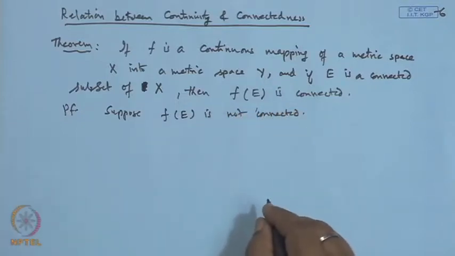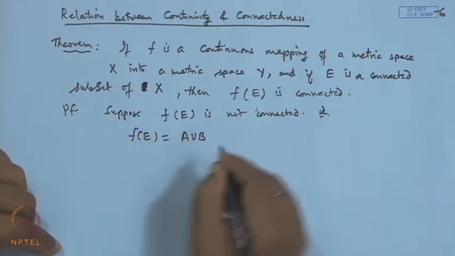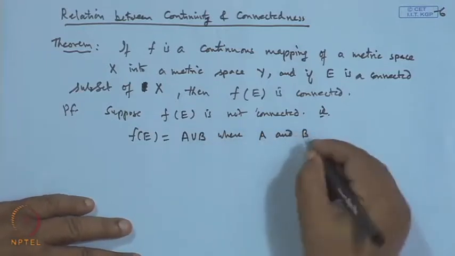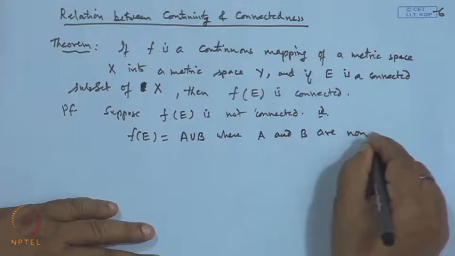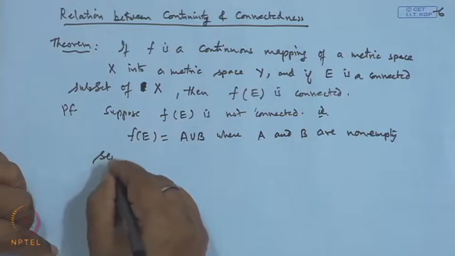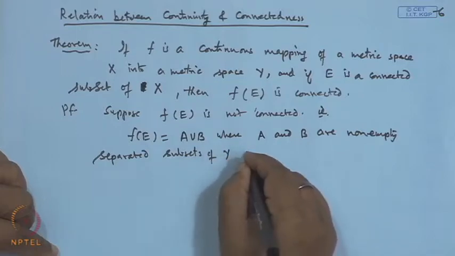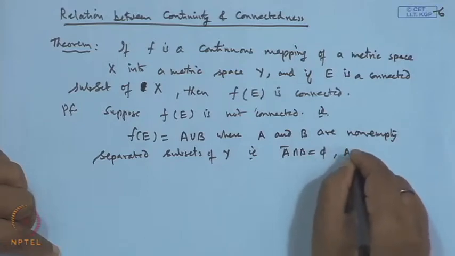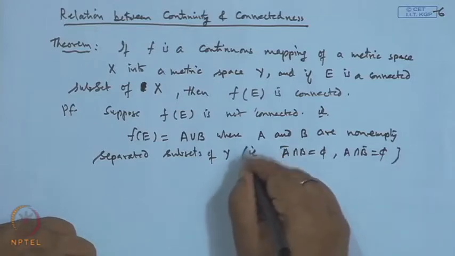If it is not connected, that means f(E) can be expressed as the union of two sets A and B, where A and B are non-empty separated subsets of Y, that is, A bar intersection B is empty and A intersection B bar is empty, by definition.